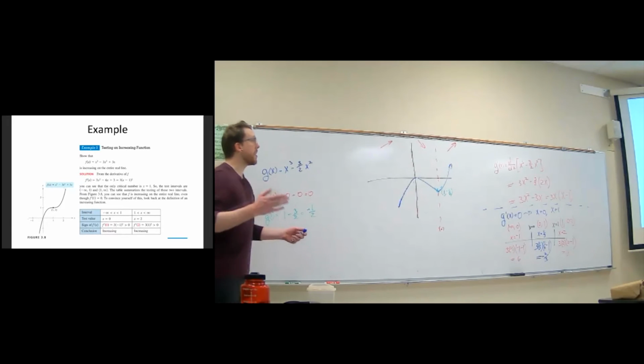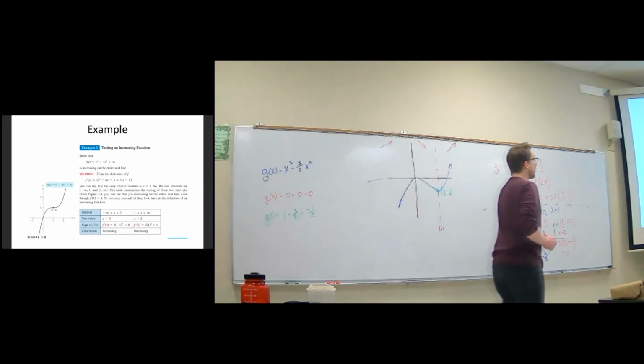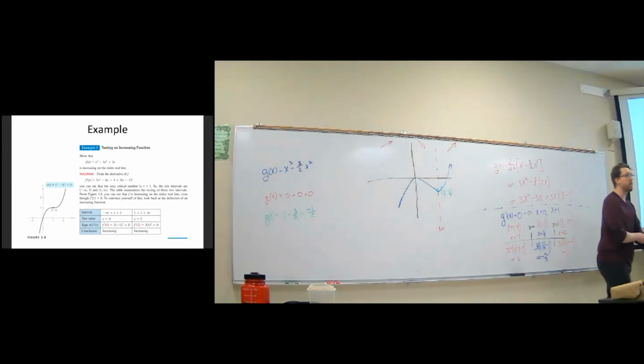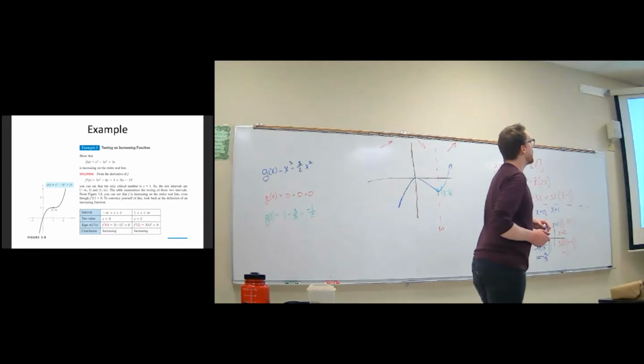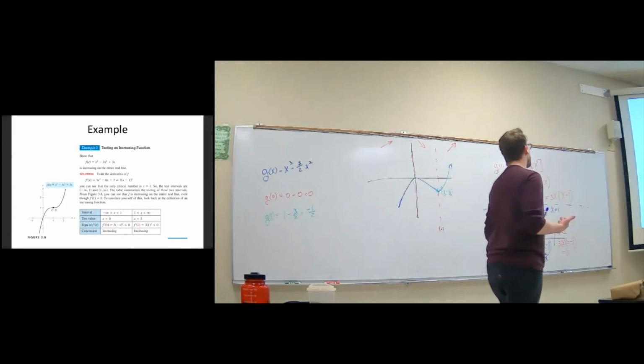So, as another quick example, like what we saw with that first example where it was always decreasing, we could have an example like this cubic here, x cubed minus 3x squared plus 3x.